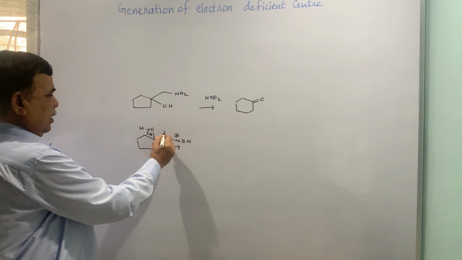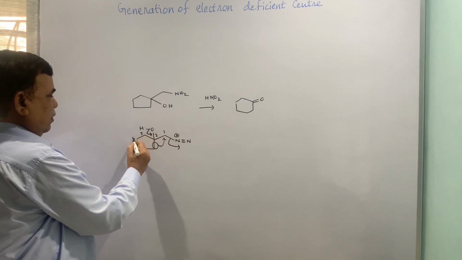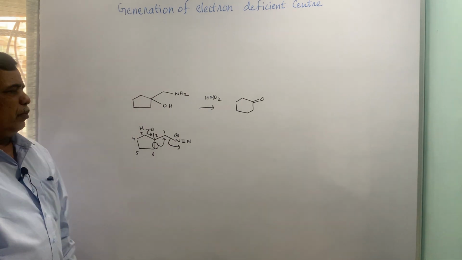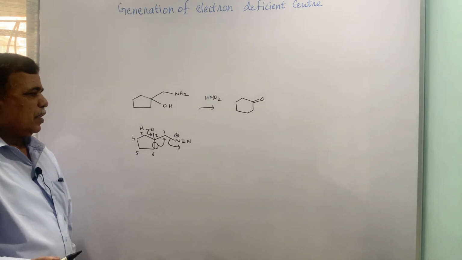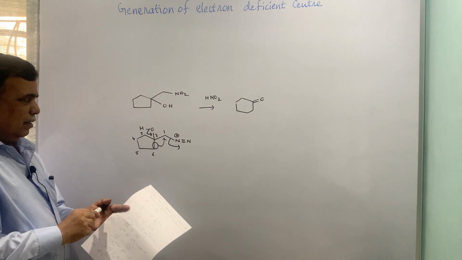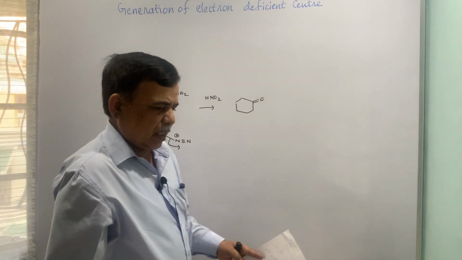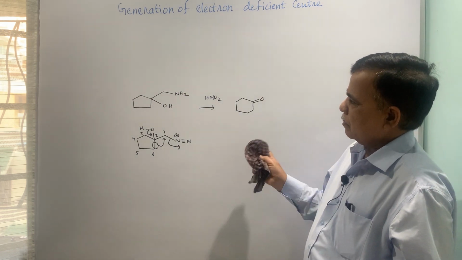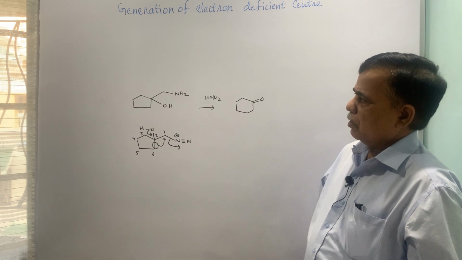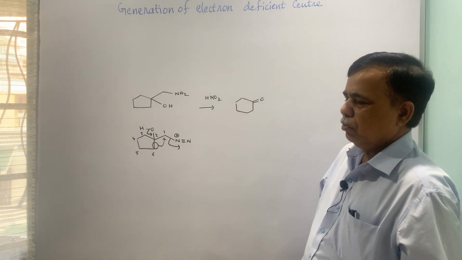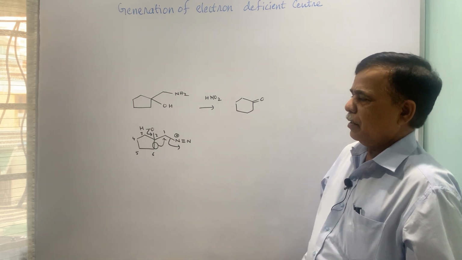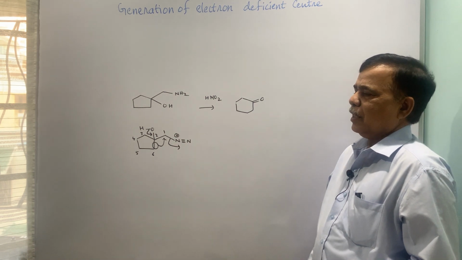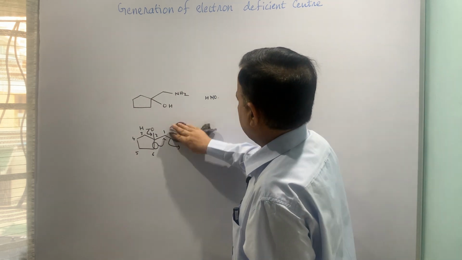So eventually you get a 6-membered ring with the carbonyl group as part of that 6-membered ring. Of course, this is like a Demjanov type rearrangement, and that is all happening because your NH2 is converted into diazonium ion, and diazonium ion loses nitrogen and generates a carbonium ion that triggers the other reactions of migration.